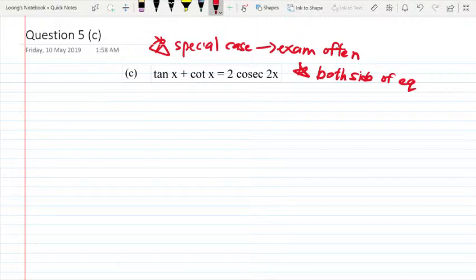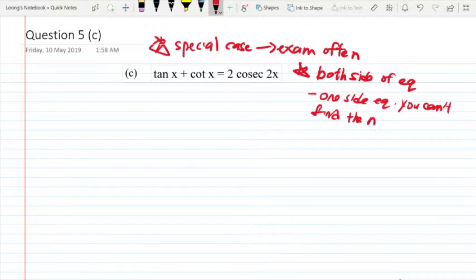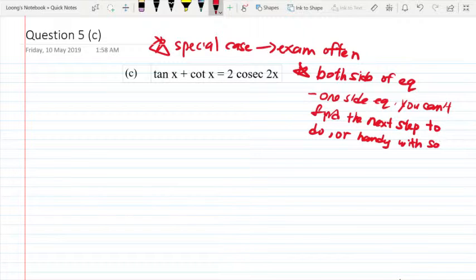And this is usually used when you can't find the next step to do on one side of the equation, or it usually comes in handy with the same solution of the equation.